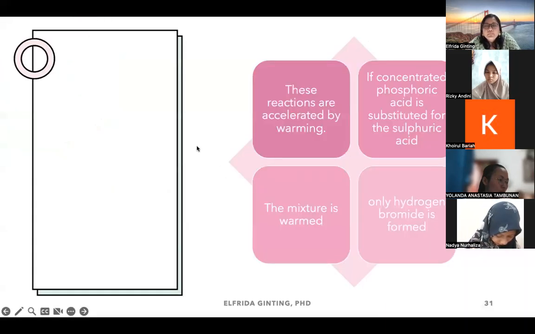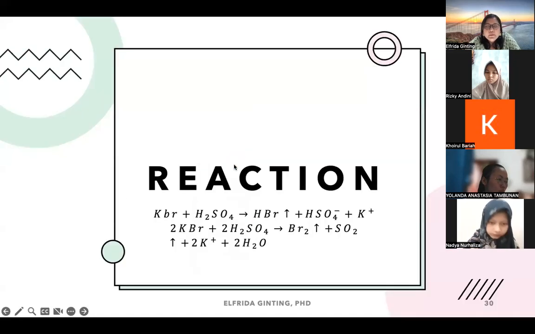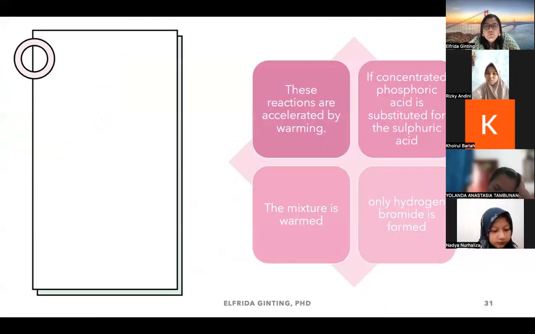Okay, now these two reactions, you perform them in the cold or at room temperature. You can make the reaction faster if you warm up the solution.